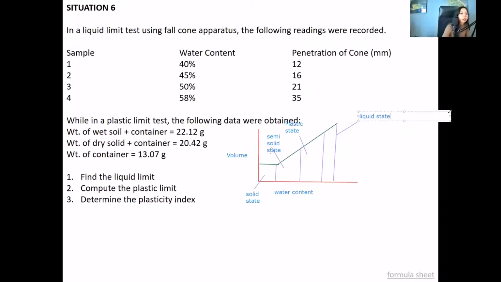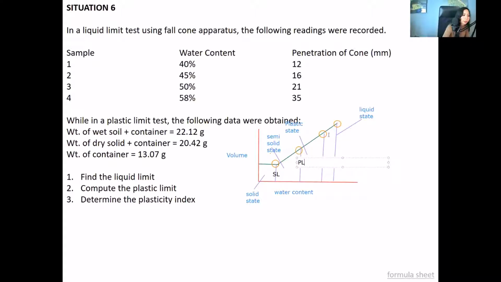The points on the graph where you cross from one state to another are our points of concern. So this one is the boundary of our solid state, the solid limit. I have SL for the first point on the graph before it gets a slope. This midpoint is my plastic limit.